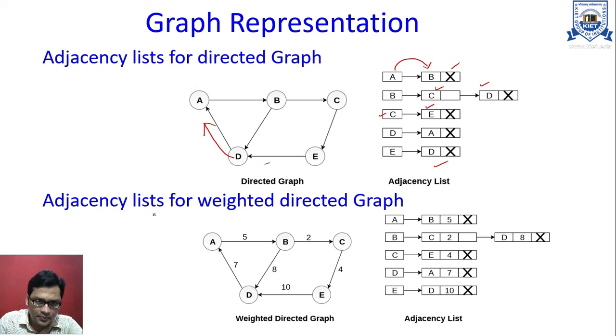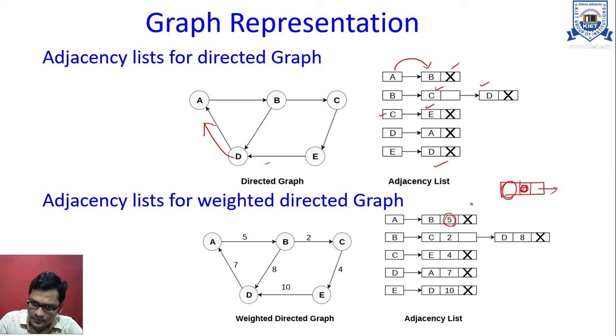Okay. Now, in case of a weighted directed graph adjacency list, I am going to put the weight of that edge. In this case, the node has 3 partitions. First is the information part, another one is the weight of that edge, and this is the next part.